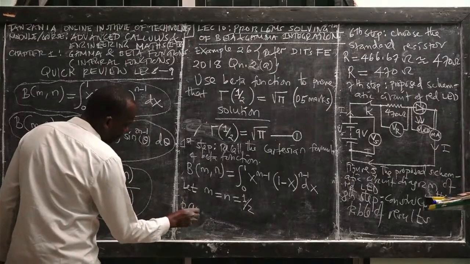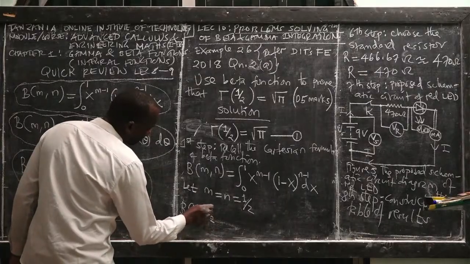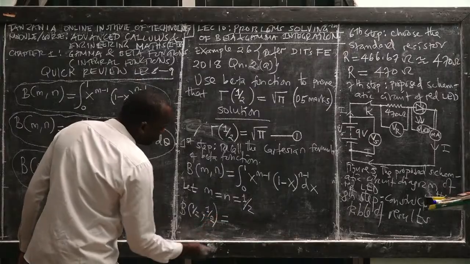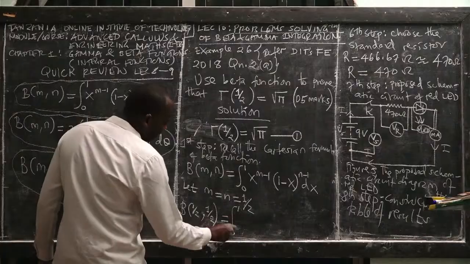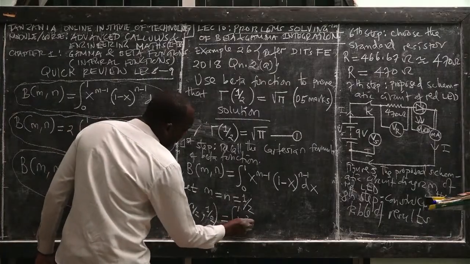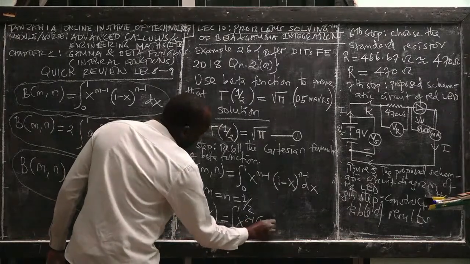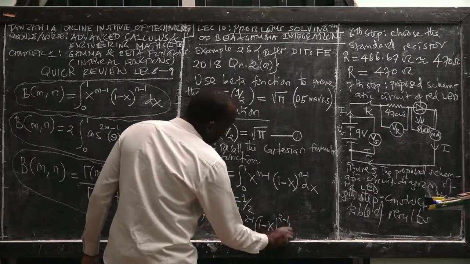So now beta of a half, comma, a half, because m is equal to n. This is equal to integral from 0 to 1, x power 2 minus 1, then open bracket 1 minus x, then you have 2 minus 1, dx.